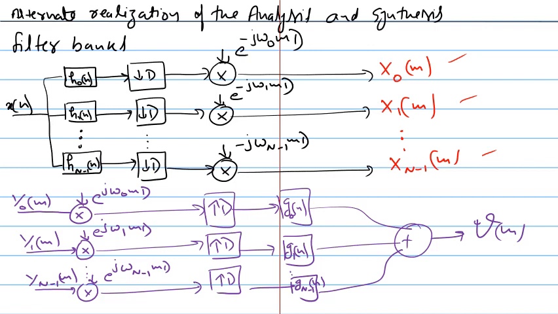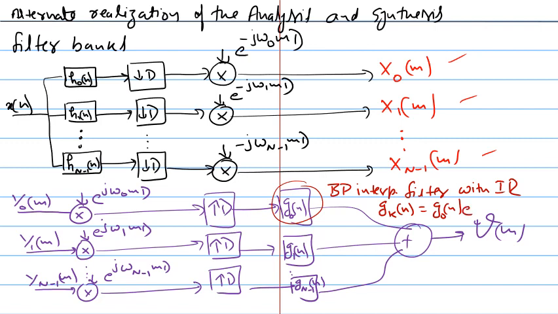Basically these are the band pass interpolation filters, with impulse response, let me write it completely, gkn equal to g naught n exponential of j 2 pi kn by N. It means the impulse response of g1n is a shifted version, in the frequency domain.